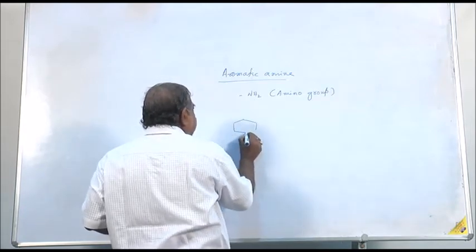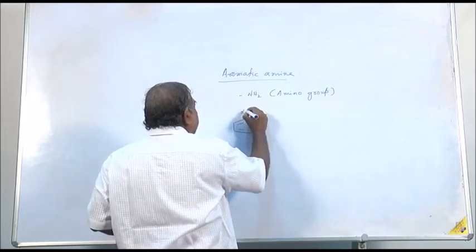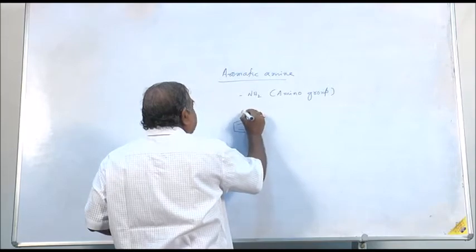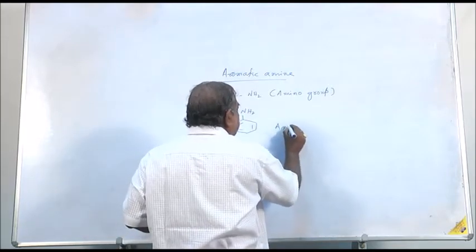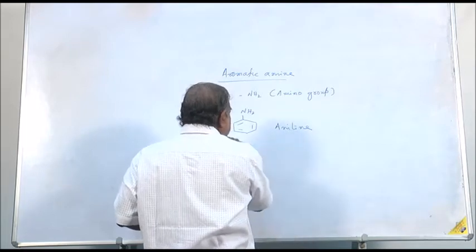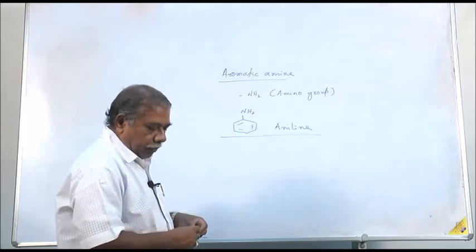Here we take benzene as aromatic nucleus. The NH2 group, when attached to it, this compound is called aniline. We are concentrating on this because it is included in your course.